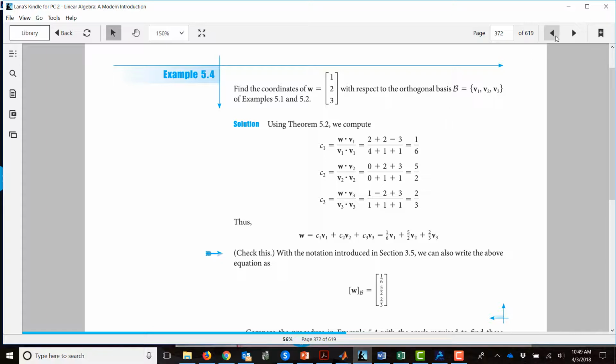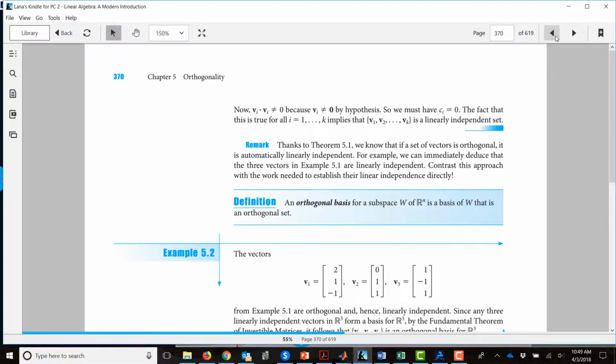Right? We'll go back to those examples. So they say v1 is 2, 1, negative 1. v2 is 0, 1, 1. And v3 is 1, negative 1, 1.